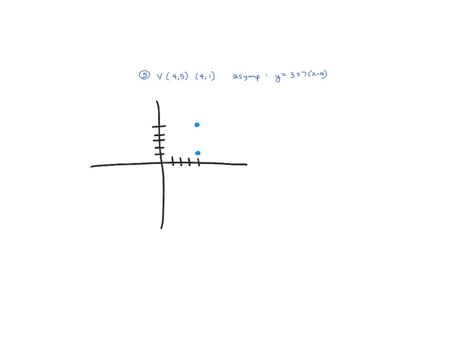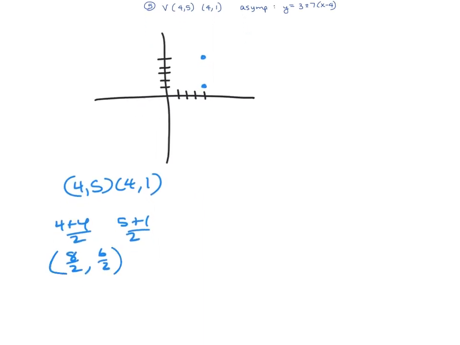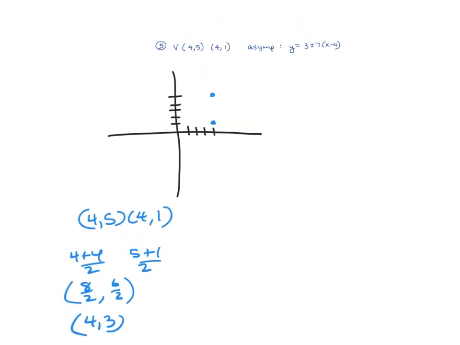Now, I need to find the center point. I can do that 2 ways. I can either take my 2 coordinates, do the midpoint formula, x1 plus x2 divide by 2, y1 plus y2 divide by 2, 8 over 2, 6 over 2. So this gives me the ordered pair 4, 3. That is going to be my center point.